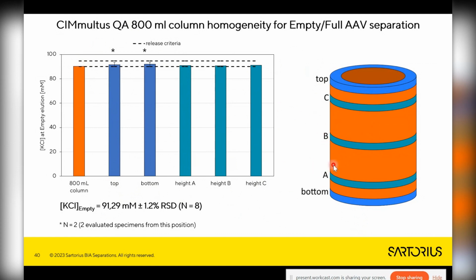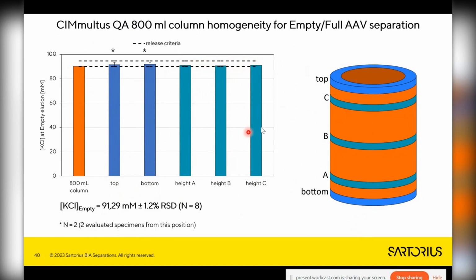And then we took the monolith out, we cut it into further rings like ring K, B, and C, and we also checked these discs for the elution of the empty capsid, and we see that it is basically within the acceptance criteria.